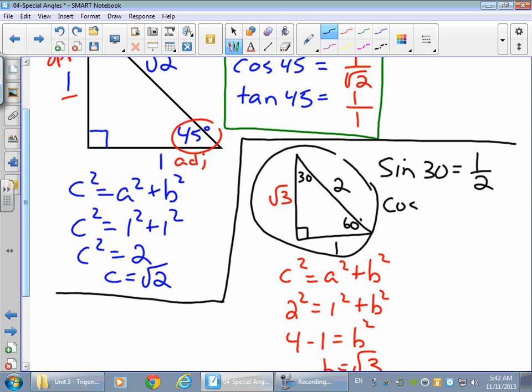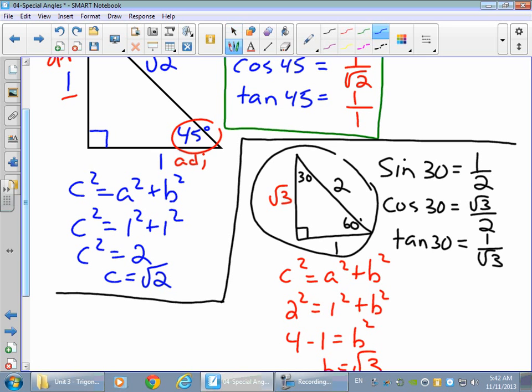So quickly, cos of 30 is the adjacent, which is root 3 over the hypotenuse 2. Tan of 30 is the opposite 1 over the adjacent root 3.